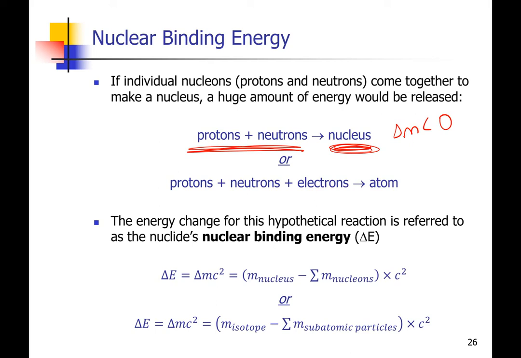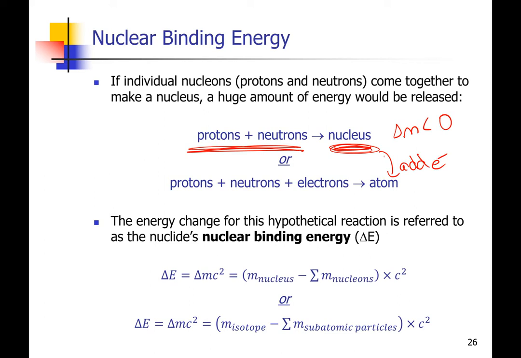Now, it's actually very difficult to track down masses of nuclei. What we tend to find instead are masses of atoms and isotopes, but that's okay. It's easy enough to get from a nucleus to an atom. All you have to do is add electrons.